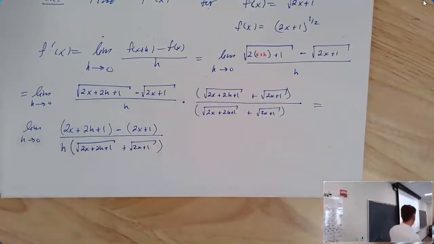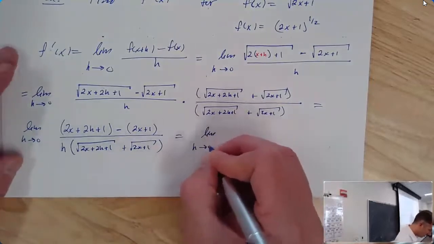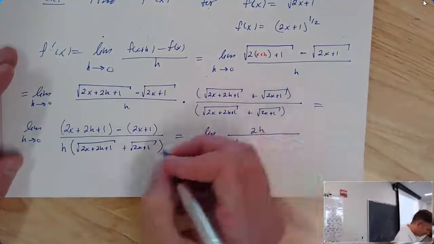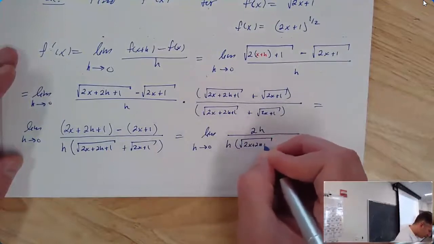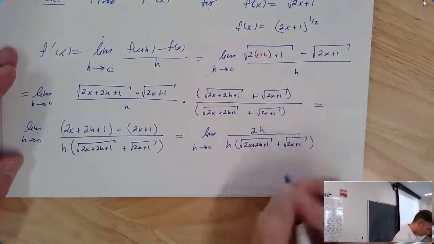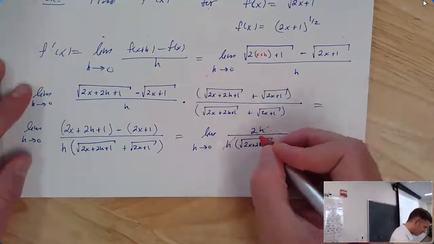Okay, now we can simplify the numerator. I can see that 2x minus 2x is 0 and 1 minus 1 is 0. So I'm just going to be left with the limit as h goes to 0 of 2h on top over h times all this stuff on the bottom. We're almost there. Now h divided by h is 1.